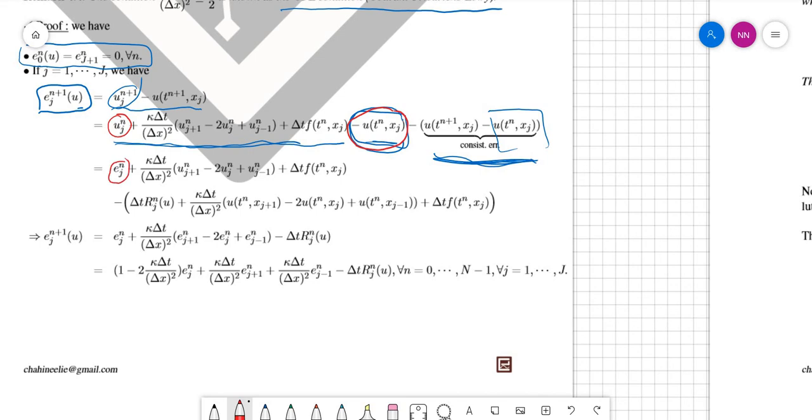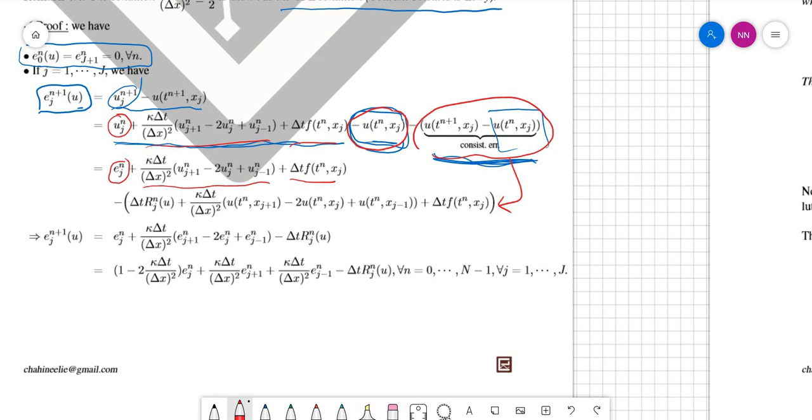Okay, then this part in here will remain in here, and the delta t f(t_n, x_j) is in here, and then the consistency error in here will give this expression. I mean, this is what you obtain if you isolate u(t_(n+1), x_j) minus u(t_n, x_j) in the consistency error.